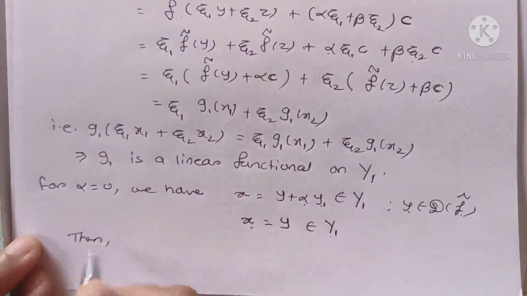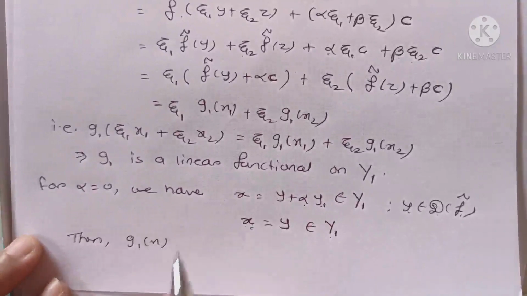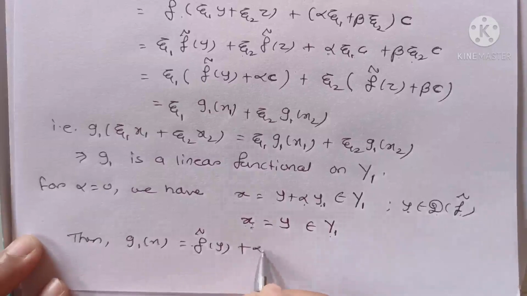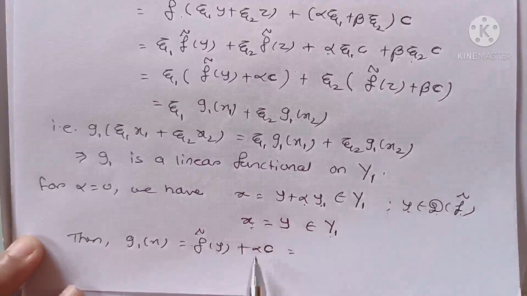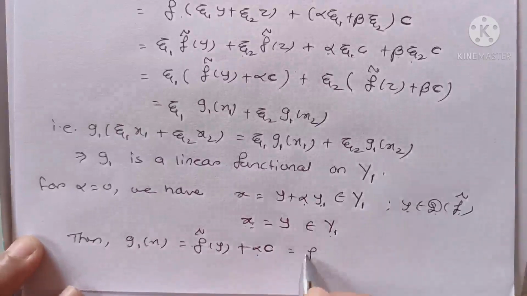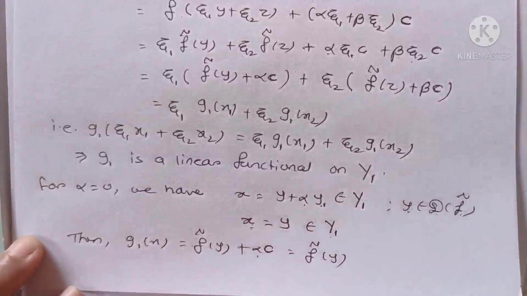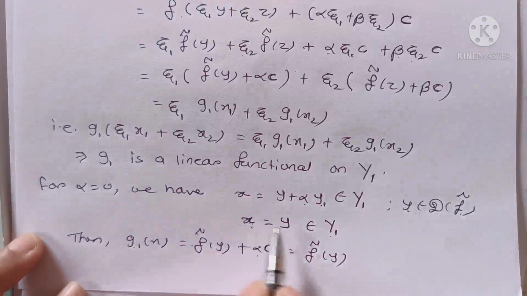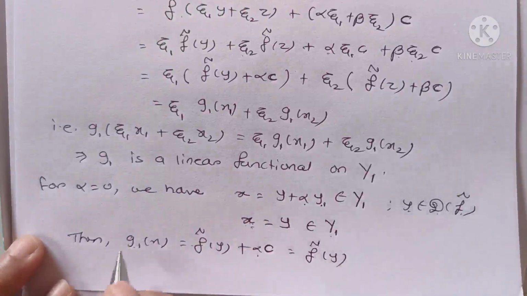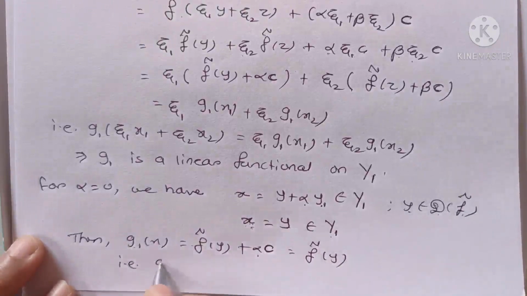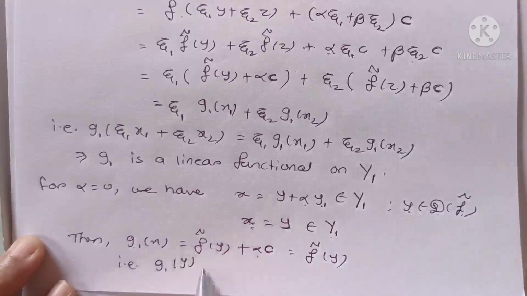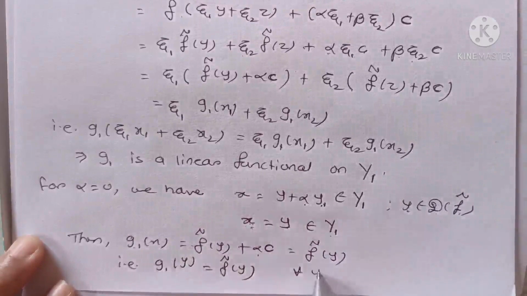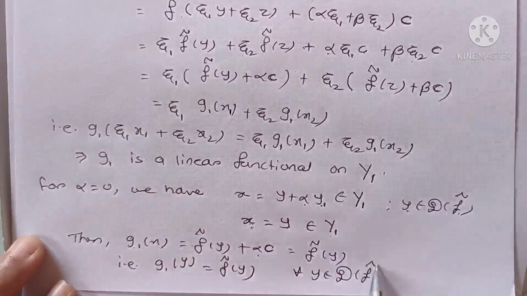Then g1 of x is equal to f tilde of y plus alpha c. Now alpha equals 0, therefore it is equal to f tilde of y. As x equals y, g1 of y is equal to f tilde of y for all y belonging to the domain of f tilde.